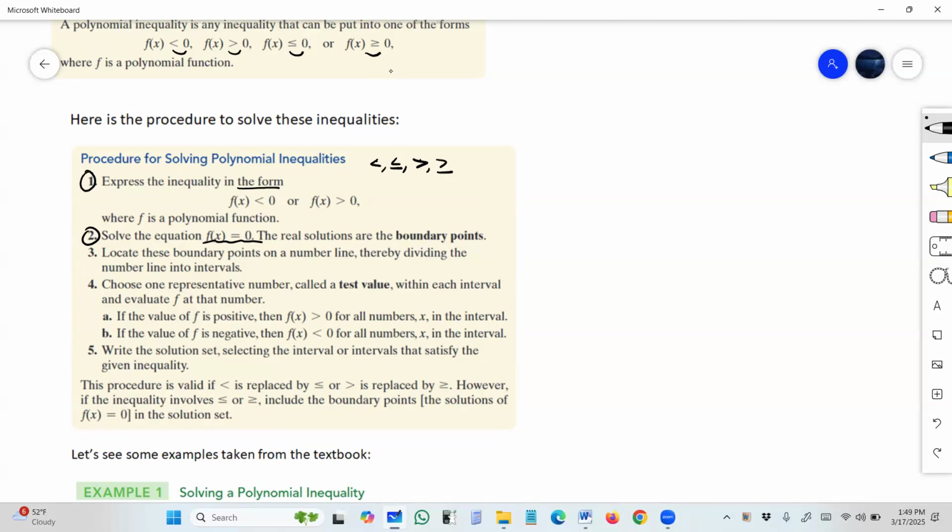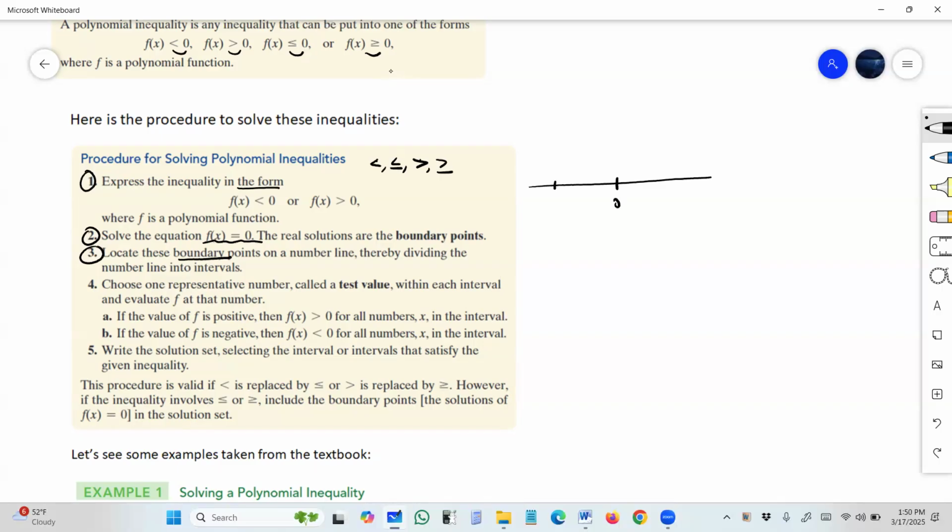Once we find the roots by factoring and using the zero product rule, then the third step, we need to check the values that satisfy the polynomial between each root. You will see this when I solve the polynomial inequality, but let's pretend now that I have two roots of the polynomial.